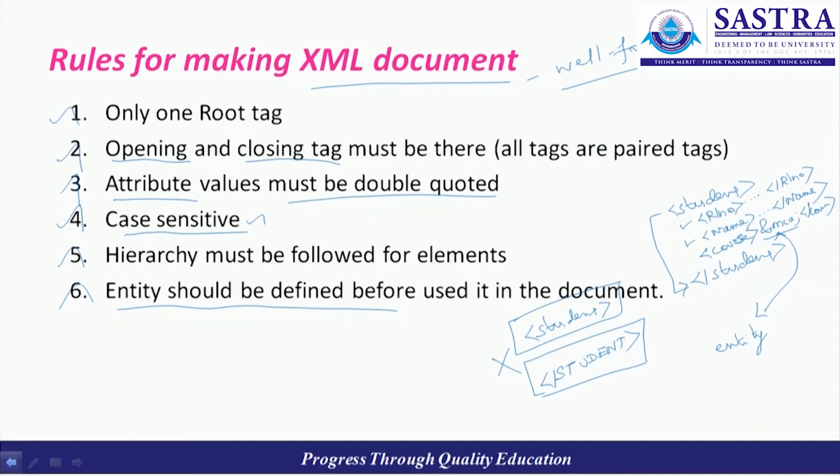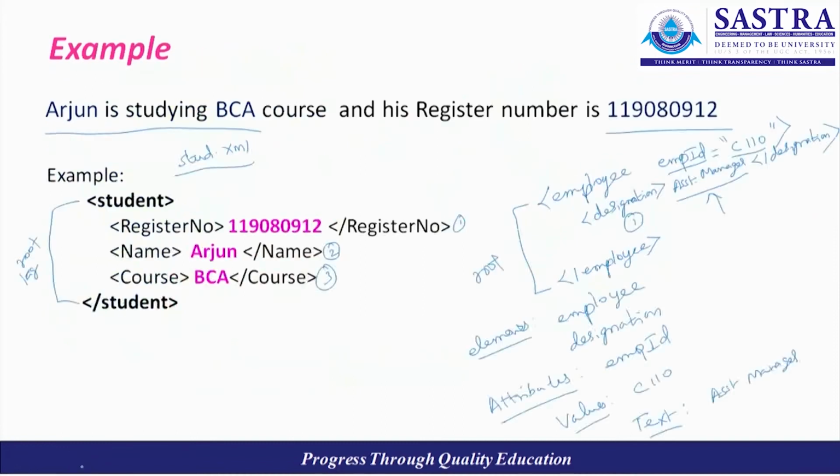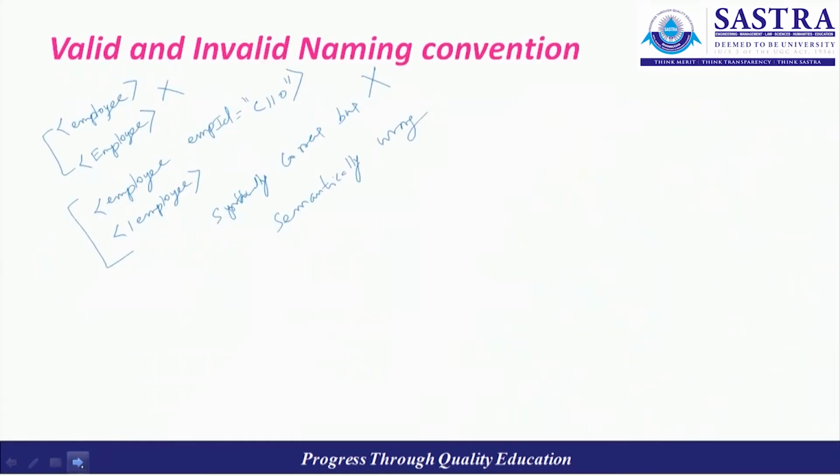These are the things that must be validated by an XML parser when we are running it on any browser.